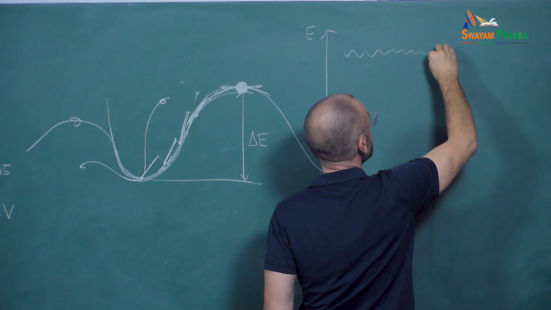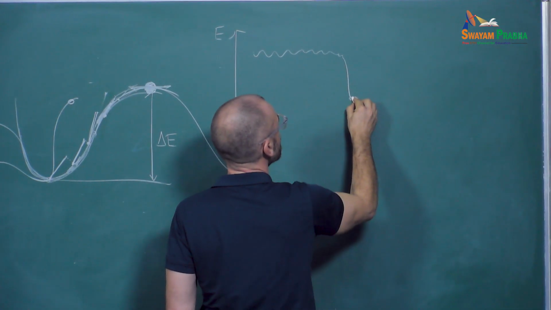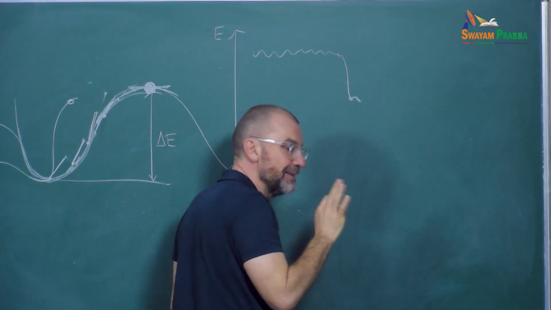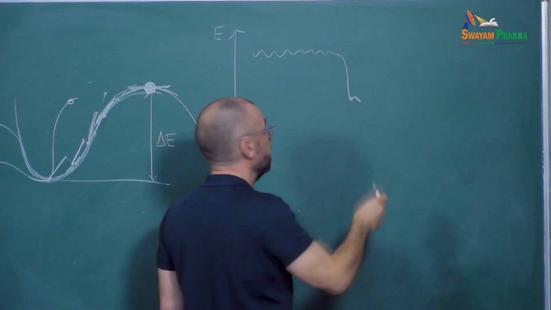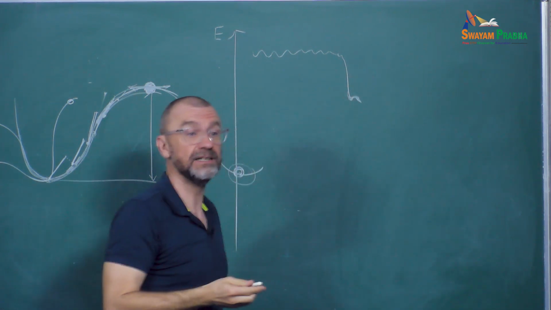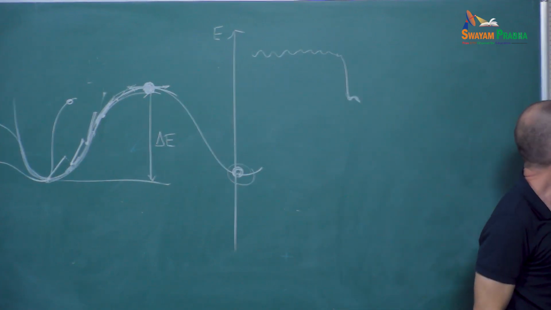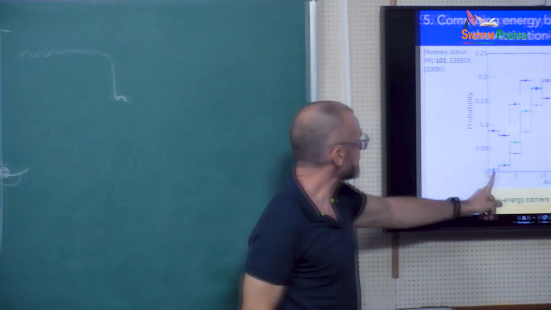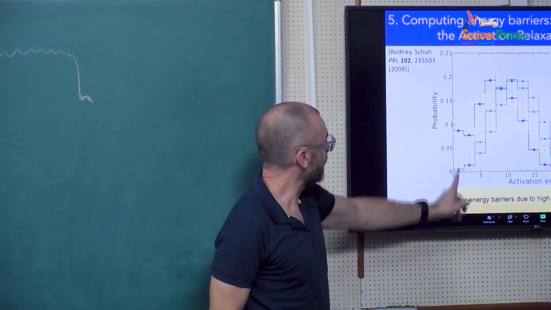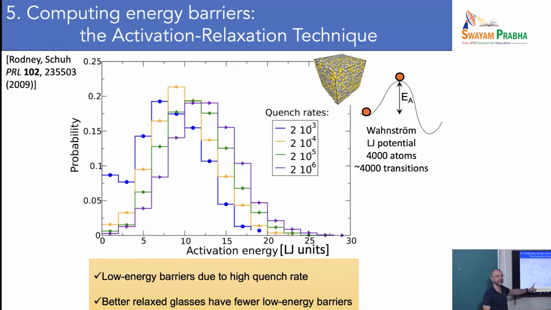And then I do a quench. If I do a very rapid quench, I'm going to fall in a configuration which is only barely stable, in the sense that it's going to be surrounded by very low activation energies. And this is what you see here. For the very rapidly quenched glass, I have a large fraction of very low activation energies, almost down to 0.